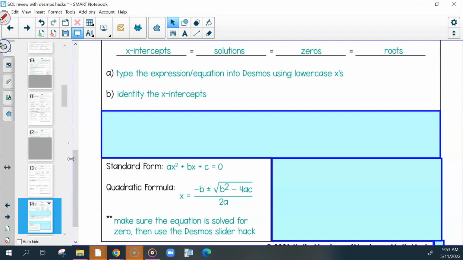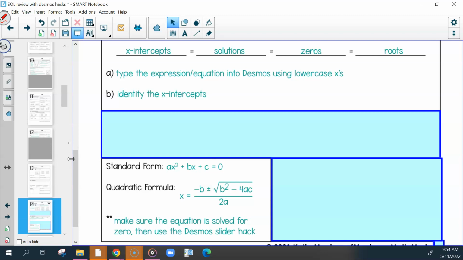Yes, the quadratic formula was on the formula sheet, so that will be there. Not something you need to memorize. If you put in the equation like this, then you could use the Desmos slider hack.